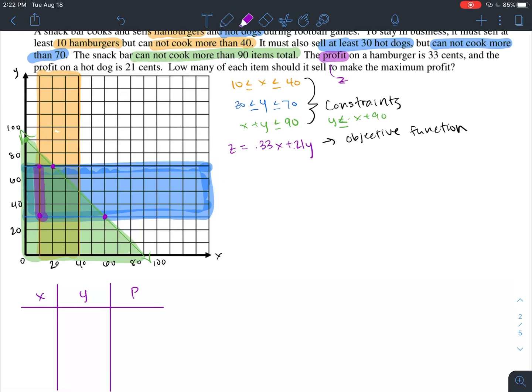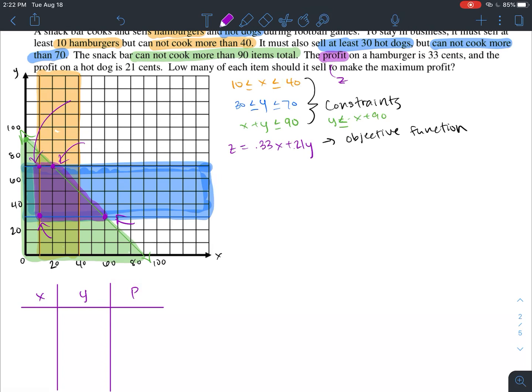So this region right here, that is what we're looking for. We're looking to see the enclosure of this region right here. So we need to find that one right there, this one right here, that one right there, and this one right here.